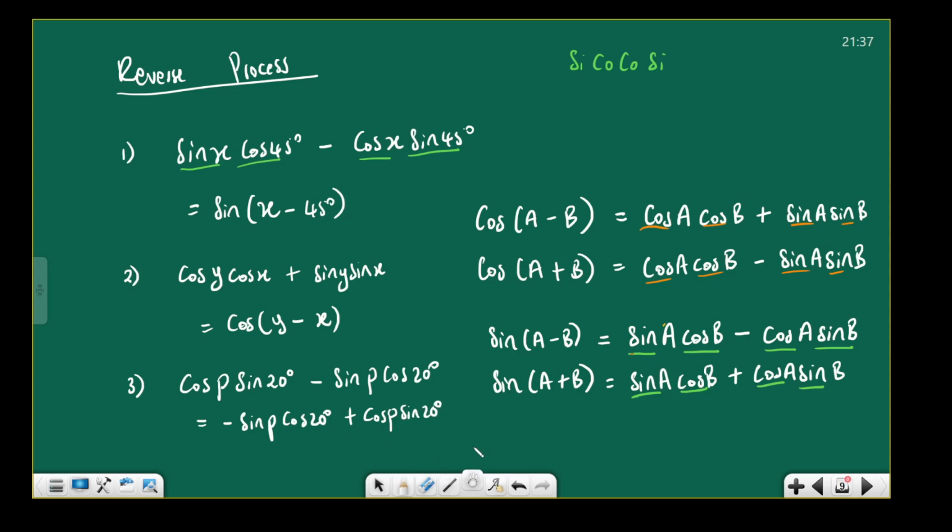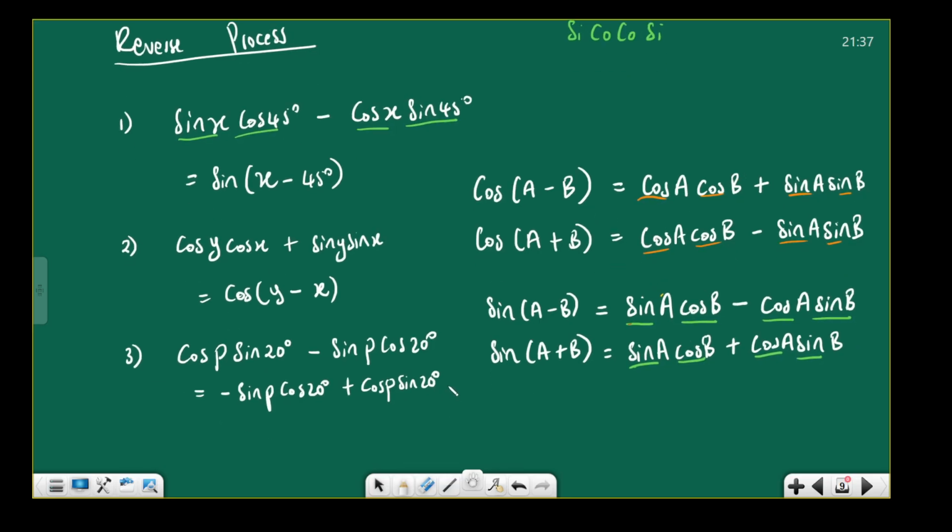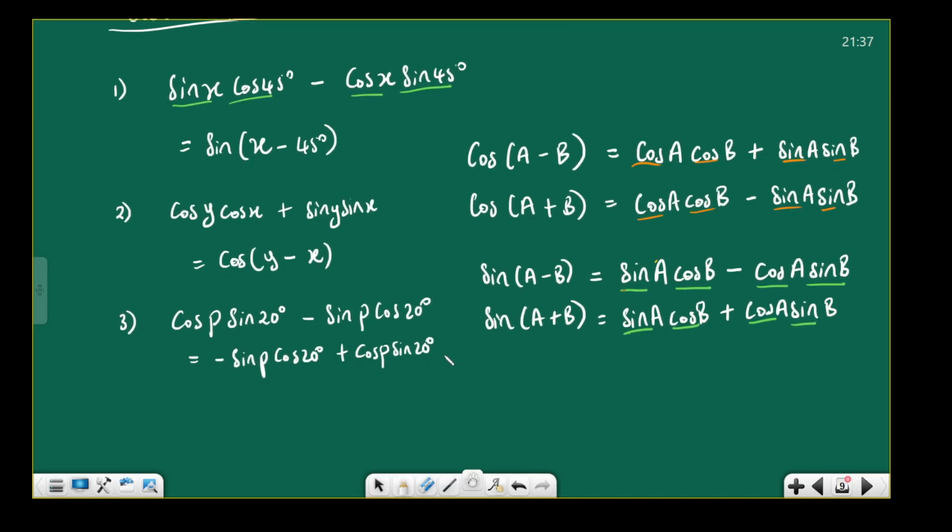After you have written it like that, the next step is, since it starts with a negative, there is no formula that starts with a negative, so you need to take the negative out. Remember, taking the negative out means you write the negative outside, then negative times negative is positive, so you're going to have this, and then negative times positive is negative, so you're going to have this.